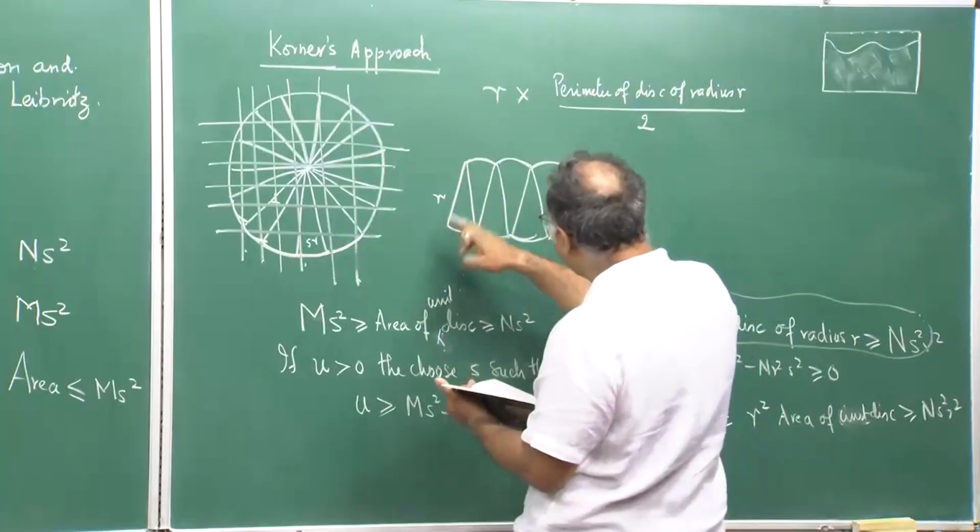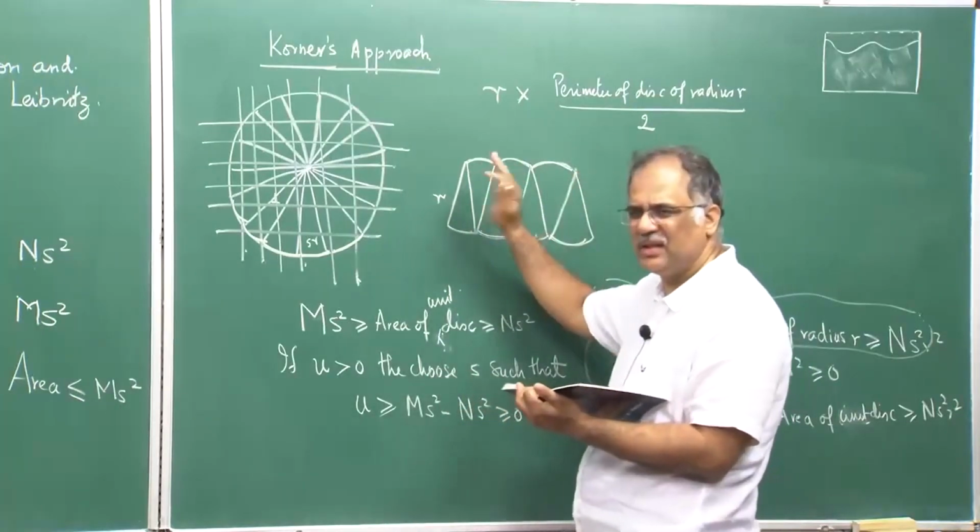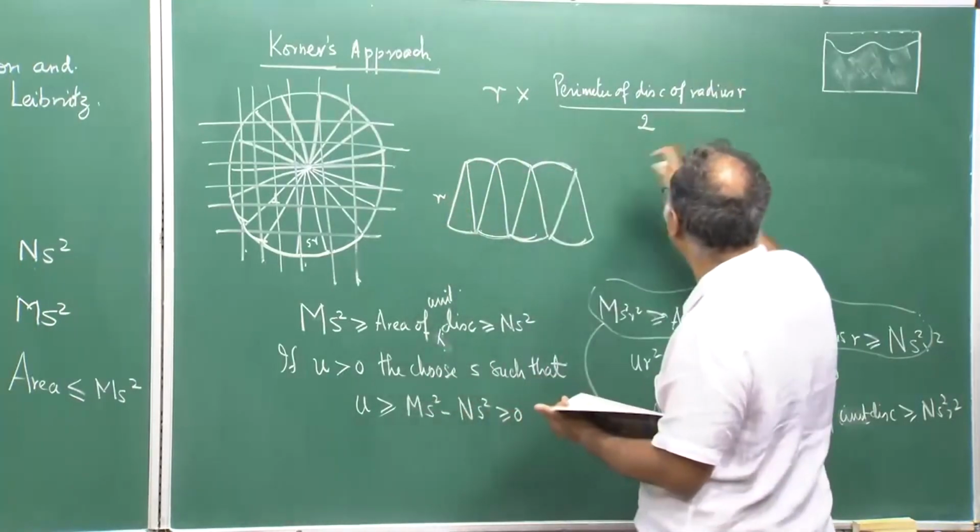So, it is really not a rectangle, there is a roughness, so it is approximately like this.